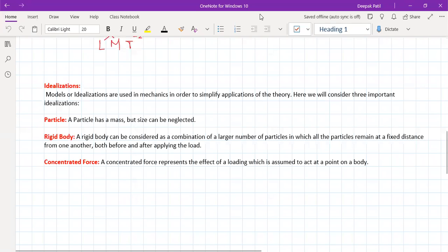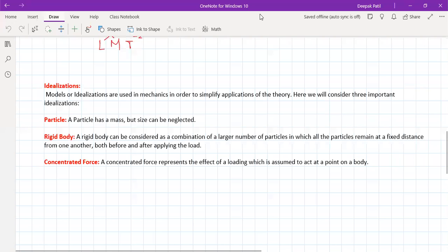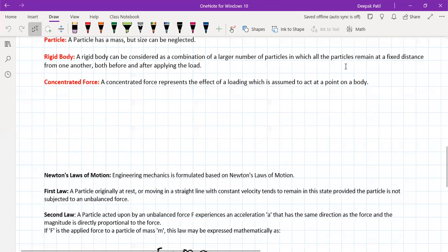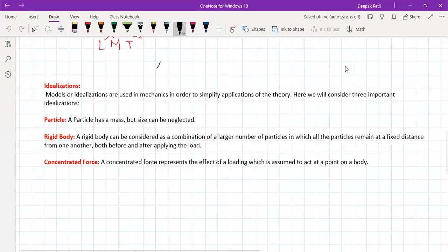Now I can give you one simple example regarding the rigid body. I can consider this as a rigid body which is comprised of a large number of particles.